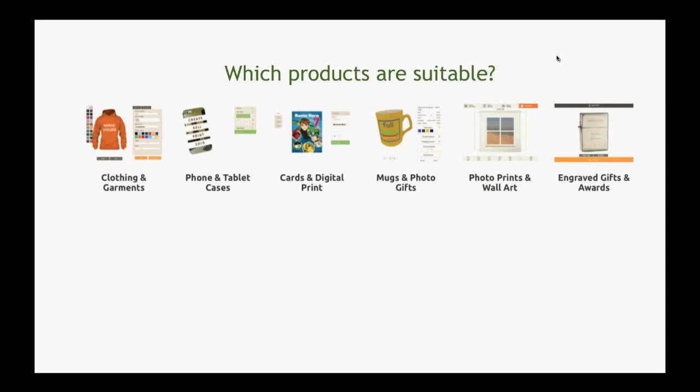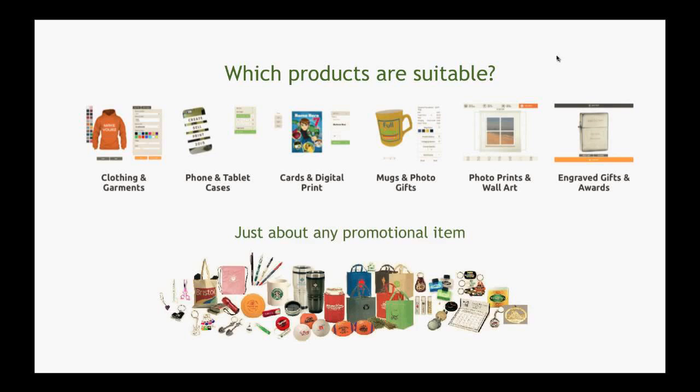Mugs and photo gifts, various things for interior decor, wall art, etc. And engraved products, because we have facilities to be able to show how engraving will look on products. But also just about any promotional item.